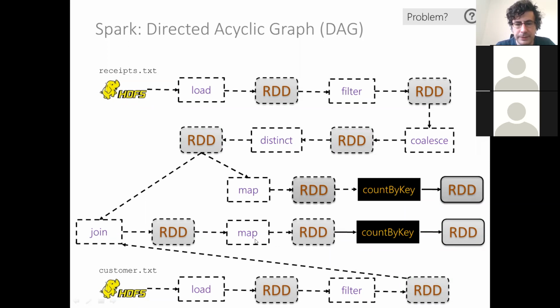So we'll have to do the map, we'll have to do the join, we'll have to do the filter, and we'll have to do the load. But we also have to resolve this RDD, right? So this branch here is also a dependency. So we'll also need to do the distinct, coalesce, filter, and load again, possibly.